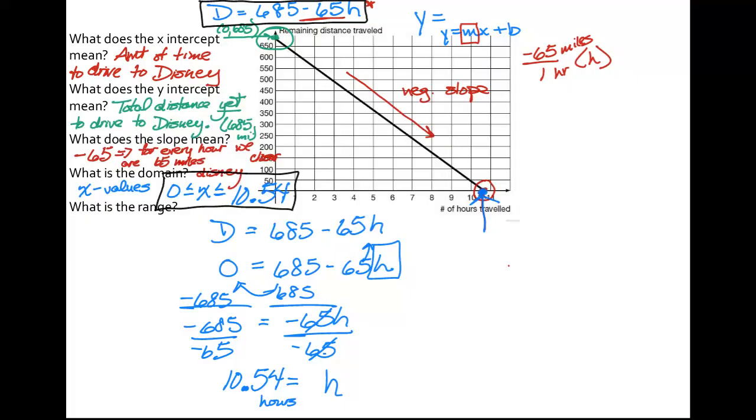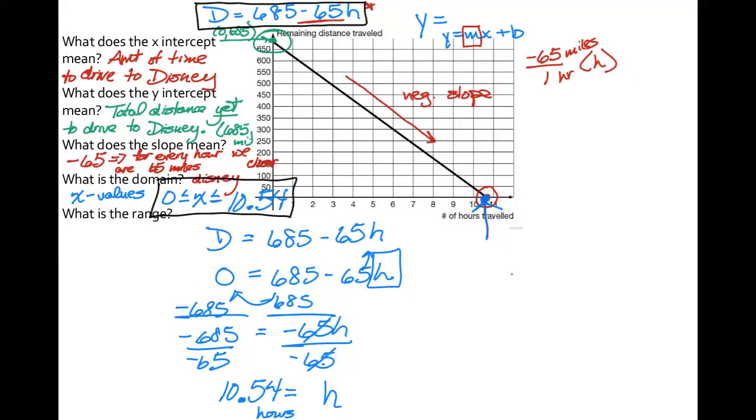Now, this is real life, okay? This is when we're going to Disney. Could this line extend out? Mathematically, yes. But in a real life question, our possible answers are only from here to here. This is called quadrant 1. You are used to talking about the whole coordinate plane, with quadrant 1, quadrant 2, quadrant 3, quadrant 4.